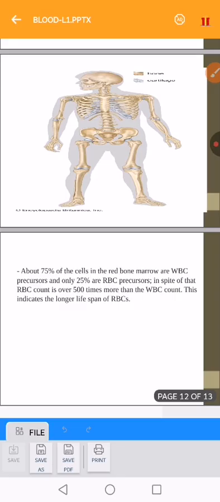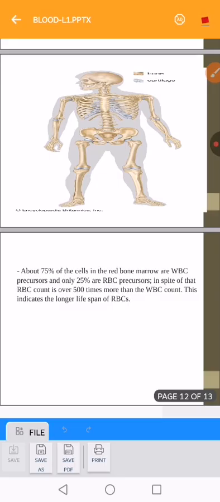In the blood, 90% of the cells are RBCs, while in the bone marrow 75% are WBC precursors and only 25% are RBC precursors. This is percentage. In spite of that, the number of RBCs is 5 times more than WBCs. Why? Because RBCs have a long lifespan.